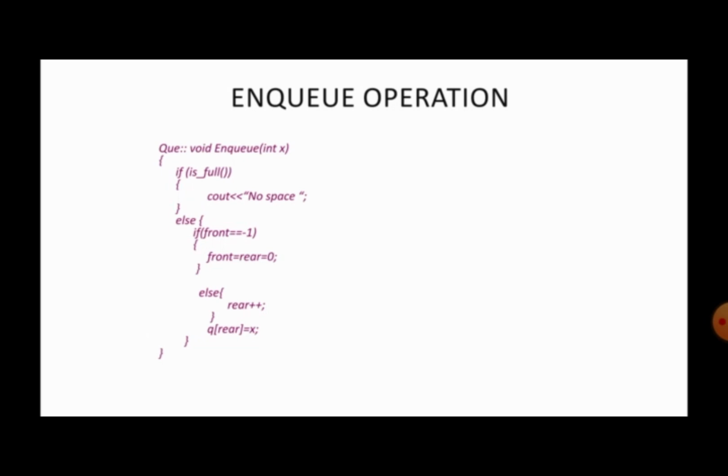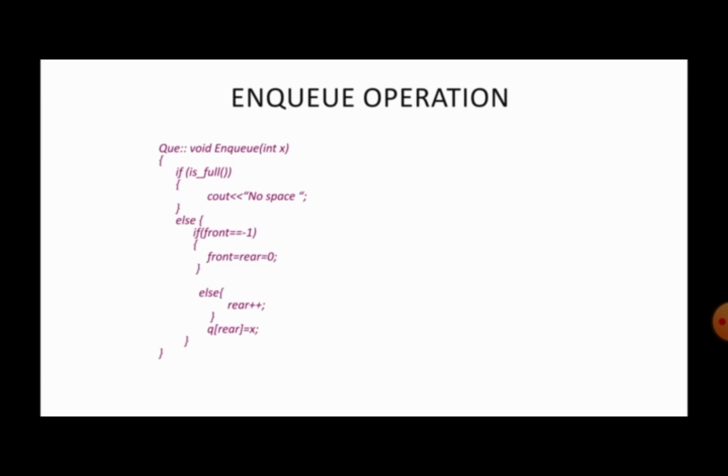So as we know, if front is equal to -1, that means there is no value in the queue. If the front is not at -1, that means it may be at 0, 1, 2, or 3 as per the dequeue operations.